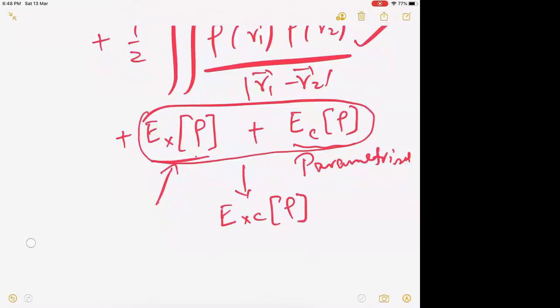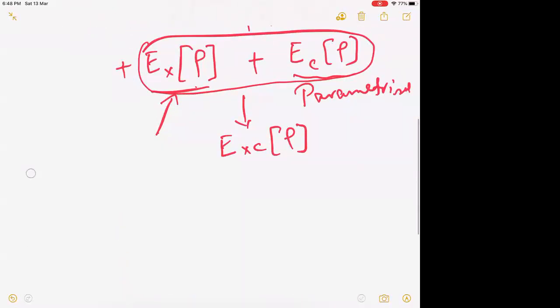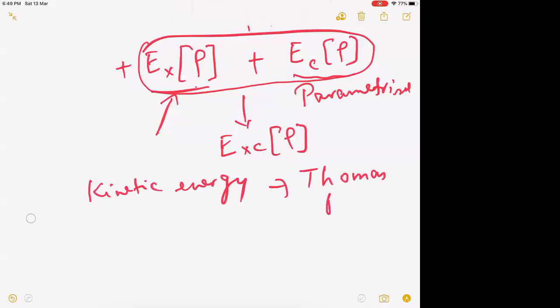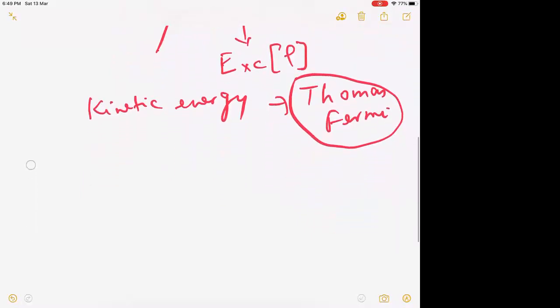So this is where we ended, and for today's class, I will have to start from the kinetic energy. I want to mention here that the kinetic energy part was discussed by Thomas and Fermi long back, long before the Hohenberg-Kohn theorem.